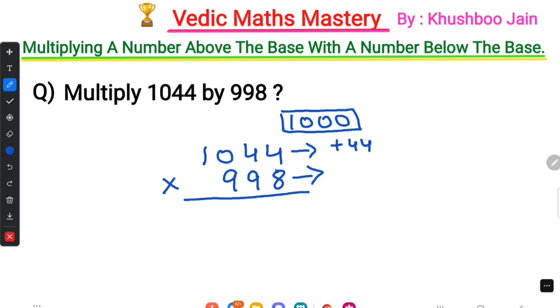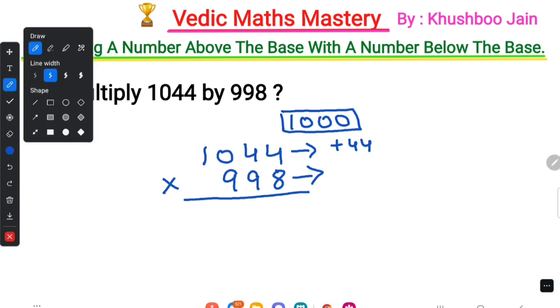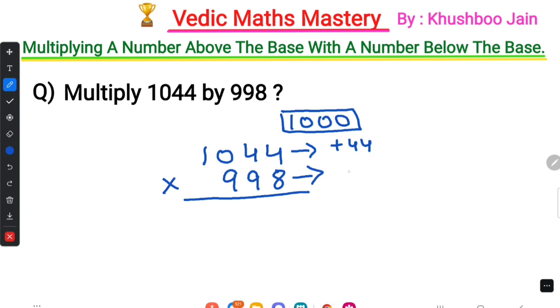So we'll write plus 44 because it is above the base. If it is above the base, write plus 44. And there is one below the base. So find the difference: below the base there is a minus 2. So I'll write minus 2 respectively. Okay, so plus 44 and minus 2 respectively.